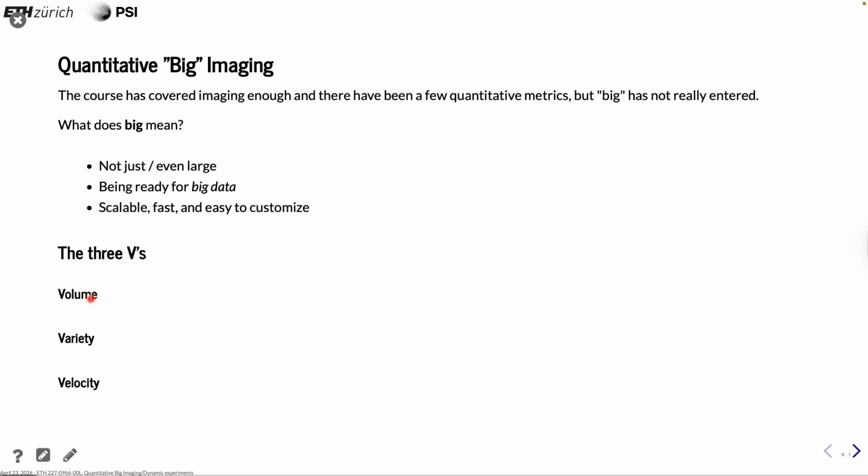If we do it in 2D or 3D, we produce even more if we do it in 3D images. We still need the variety, so these are the 3 V's of the big data. We still need variety to make a good statistical conclusion, and then in the end, when we produce all this data, we also need some velocity to handle it in reasonable time.